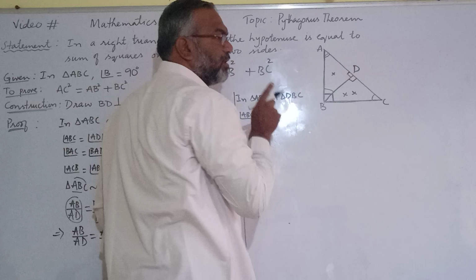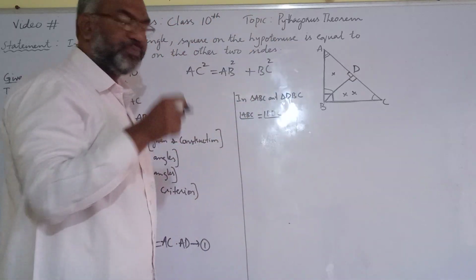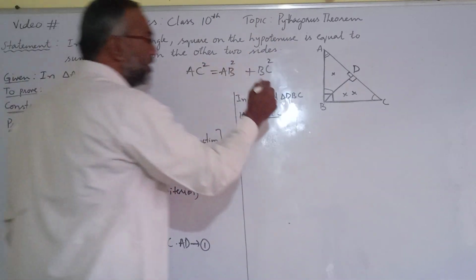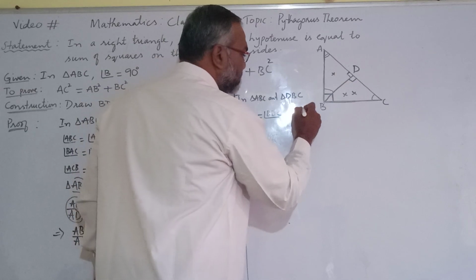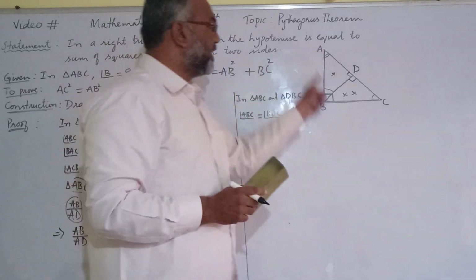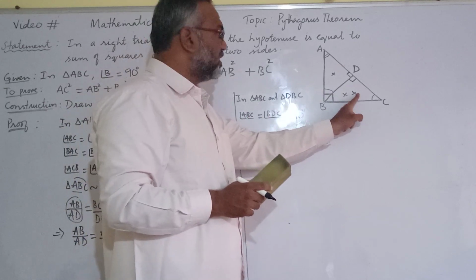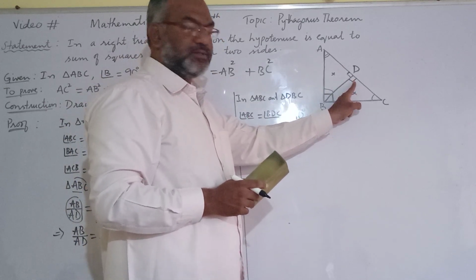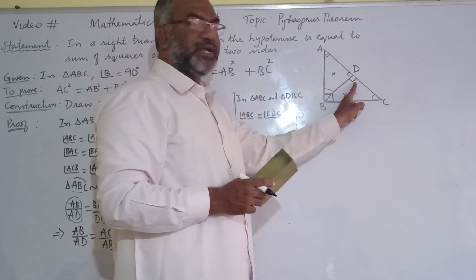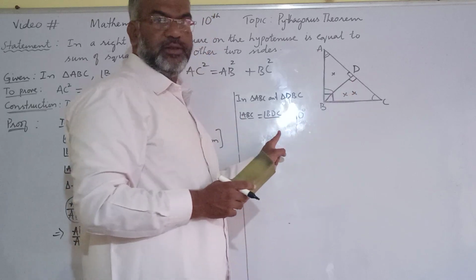We drew a perpendicular, and a perpendicular always makes 90 degrees. So in the big triangle B is 90, in this small triangle D is 90. Therefore, they are equal.